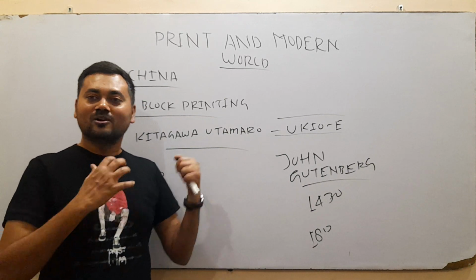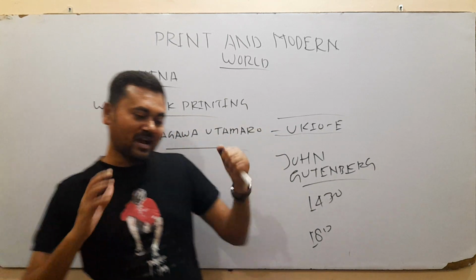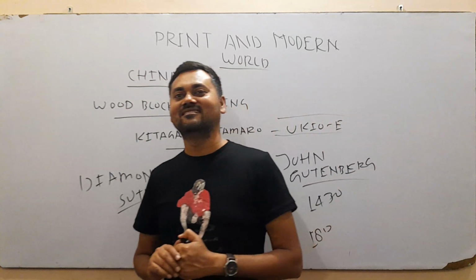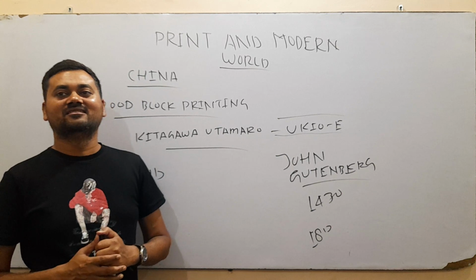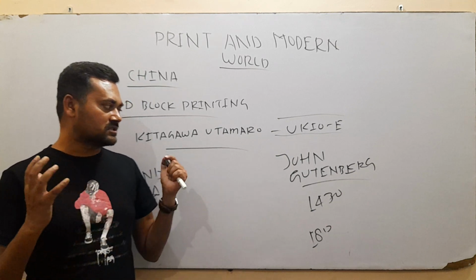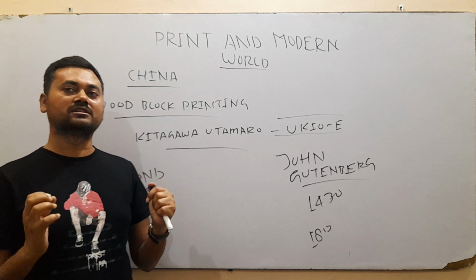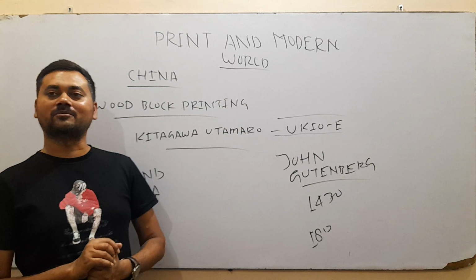Because they thought that the copy I have is a unique one, and the copy I have is also a unique one. So that's how this printing press of John Gutenberg, invented in 1430, initiated the printing of the Bible.